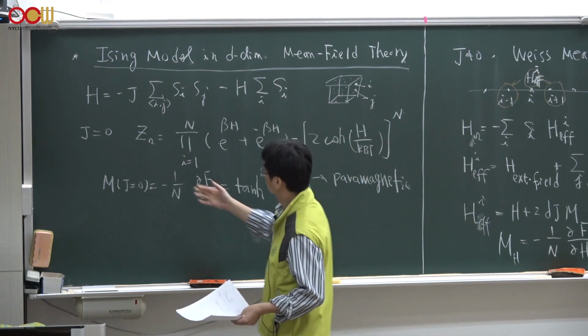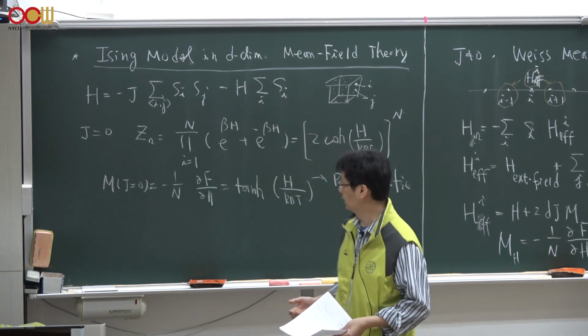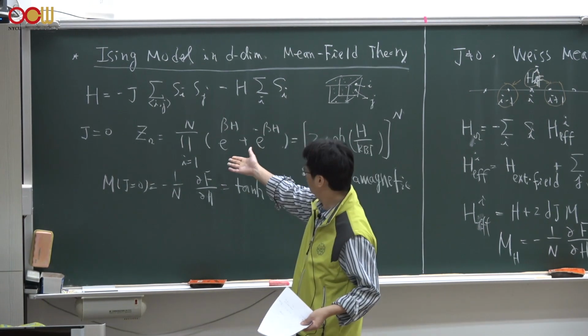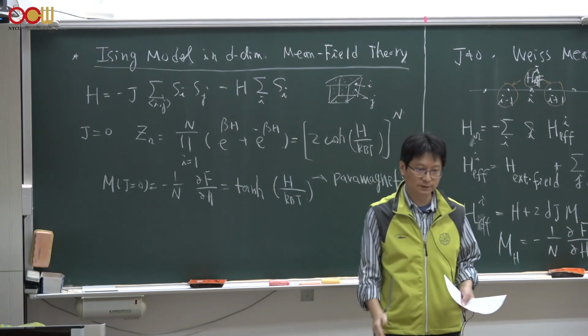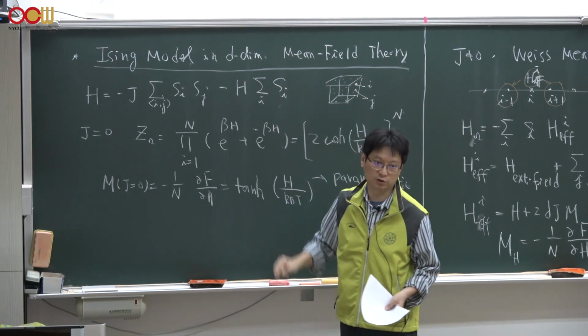At zero coupling, suppose there are no spin-spin interactions, then we can calculate the partition function pretty straightforwardly, which is nothing but the Zeeman term acting on the local spin.